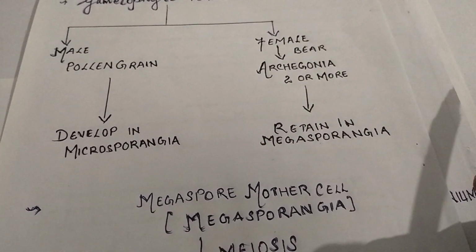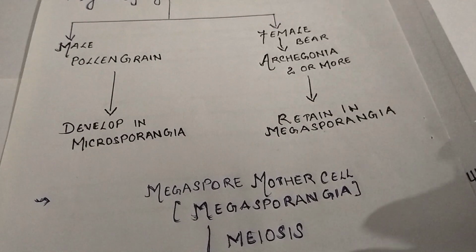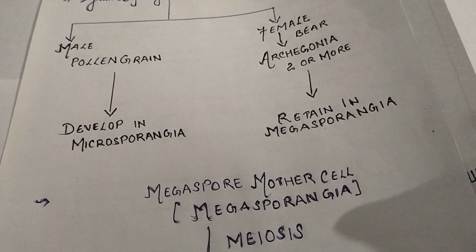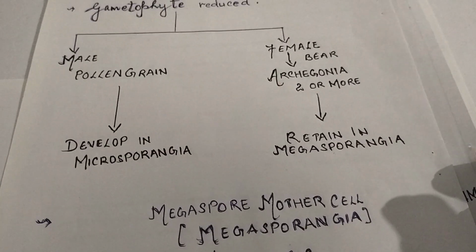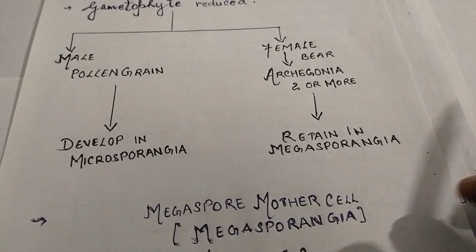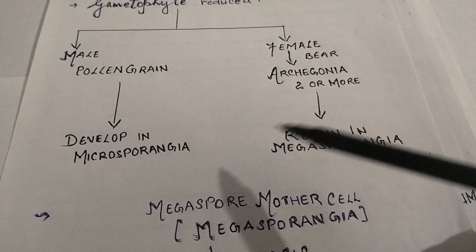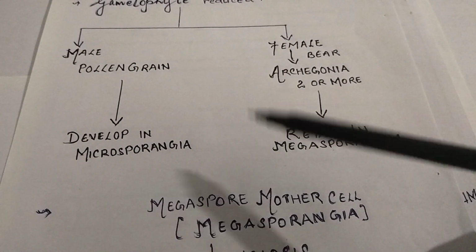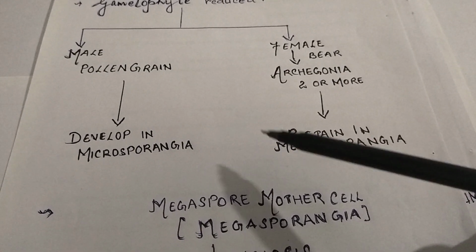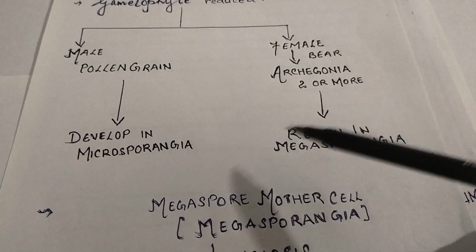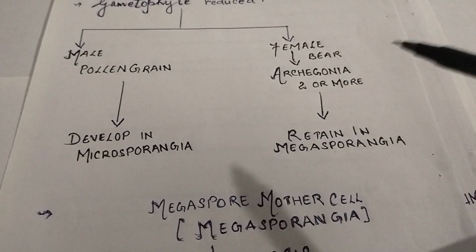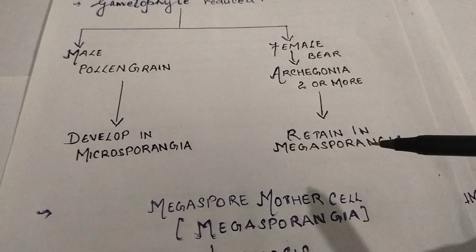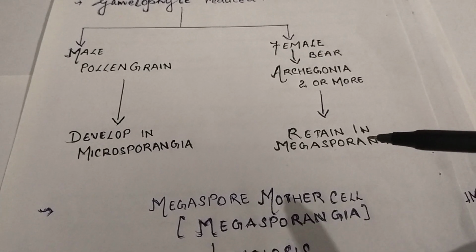Okay. Now these male and female gametophytes do not have independent free living existence. That is what I am trying to make you understand, that gametophyte phases are so reduced that they do not have independent free living existence.